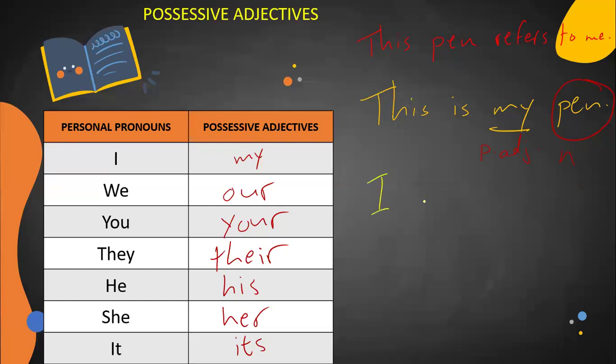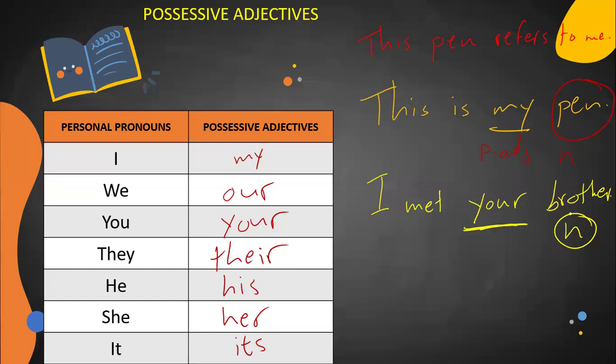I met your brother. What is the possessive adjective in this sentence? Of course, it's your, and the word brother is a noun.